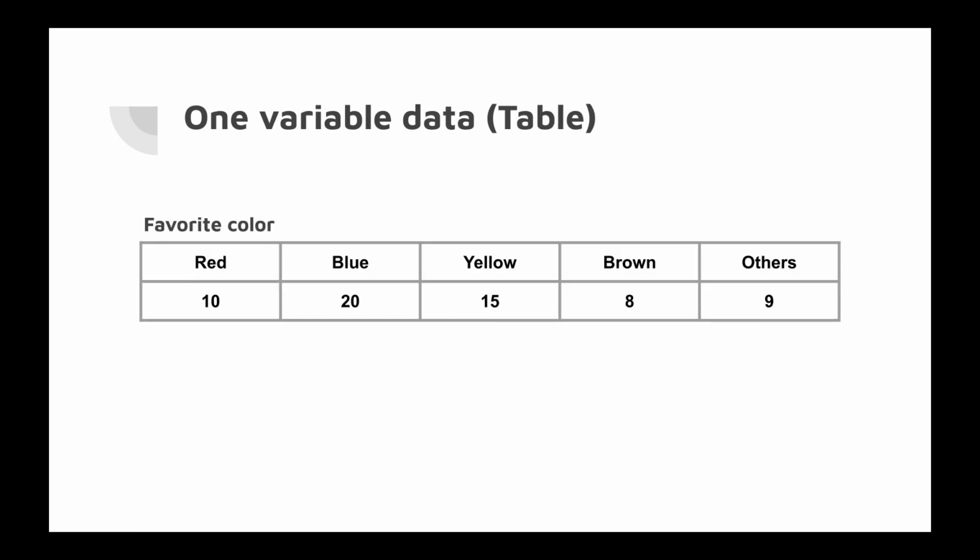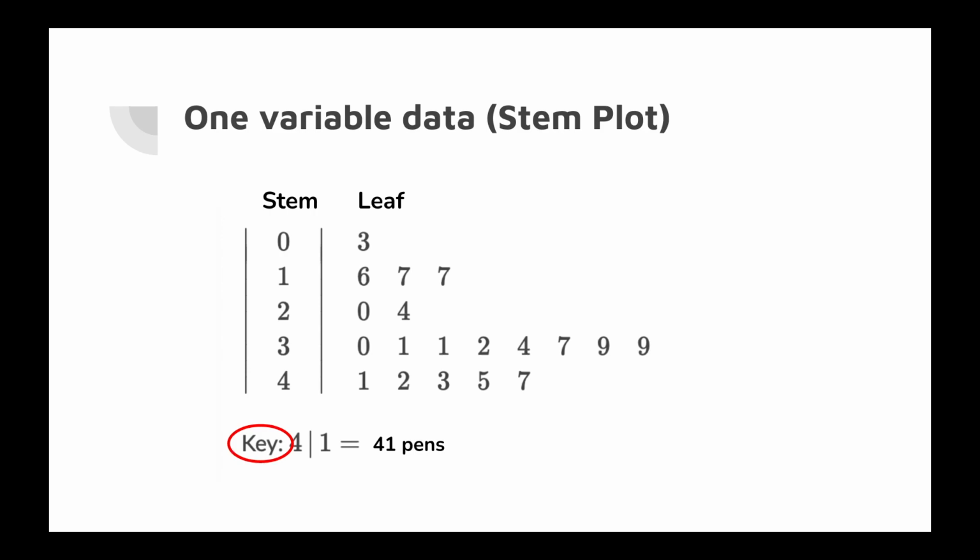Second, the one variable data table shows the frequency with number, which may be more straightforward to understand compared to the dot plot. And the stem plot consists of 2 parts, stem and leaf, and it also has a thing called key that helps you understand how stem and leaf work in the graph.